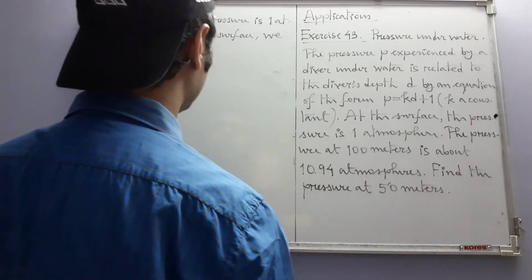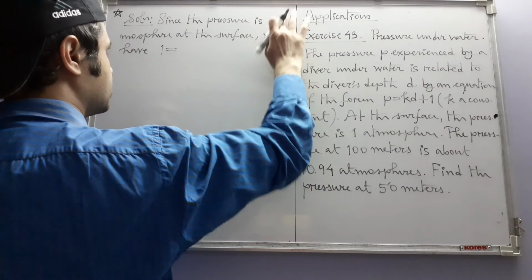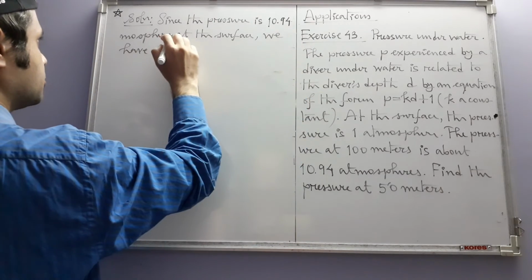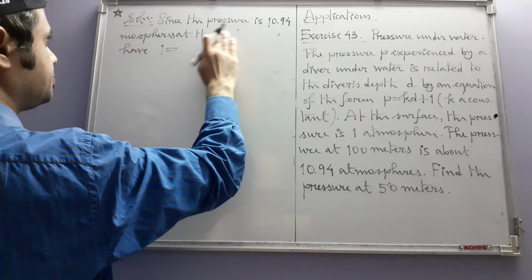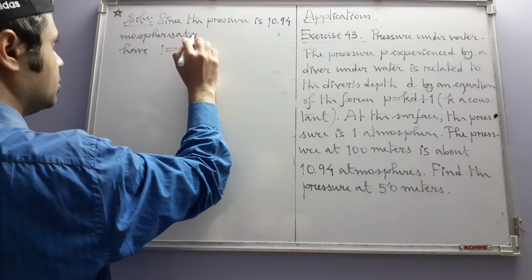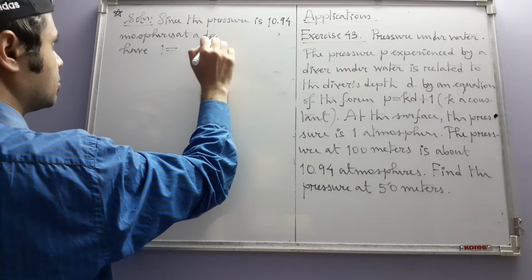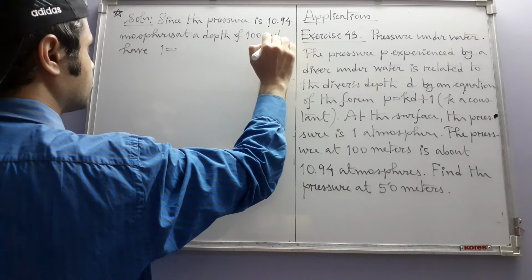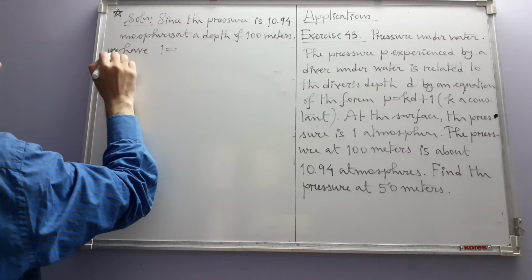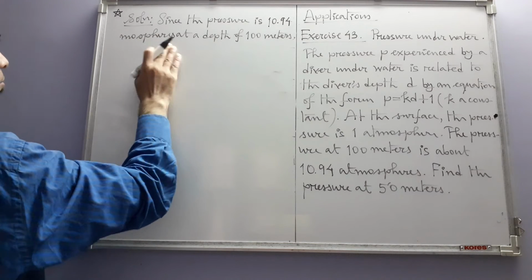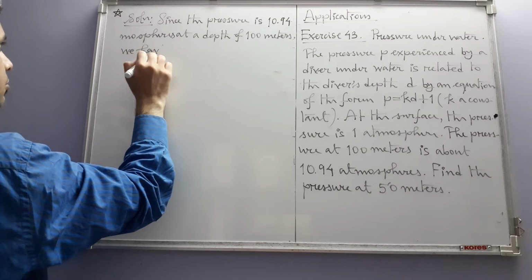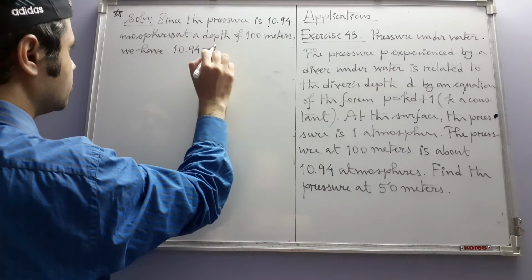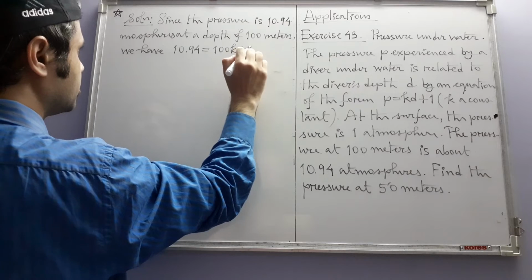At 100 meters it's about 10.94 atmospheres. So let's just write that: 10.94 atmospheres at a depth of 100 meters. So we have 10.94 equal to 100K plus 1.